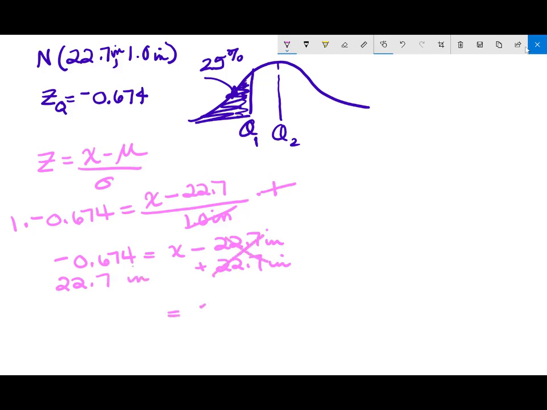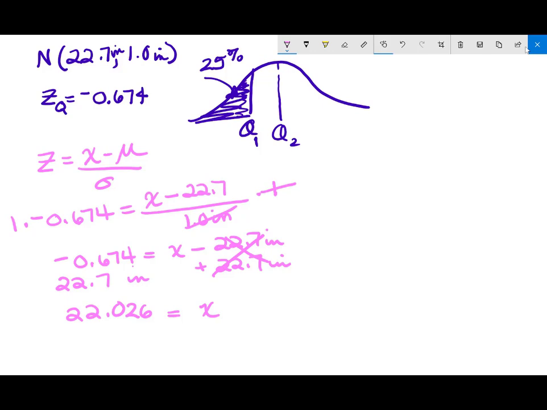So that means my raw score is going to be 22.026, and it would be reasonable to round it to rounding rules, one more than what we were given.